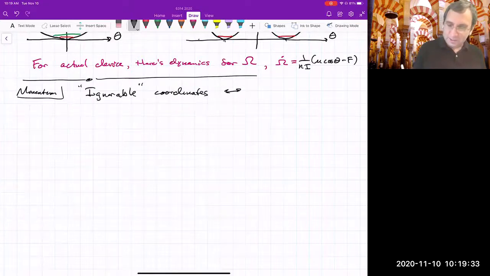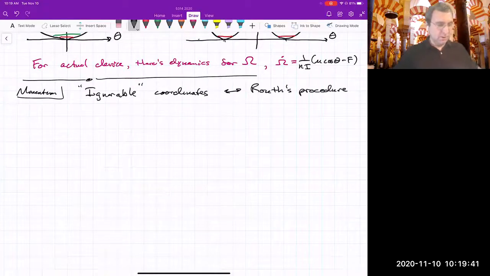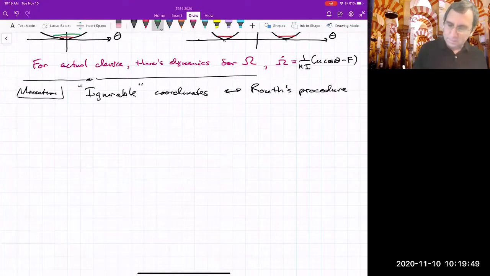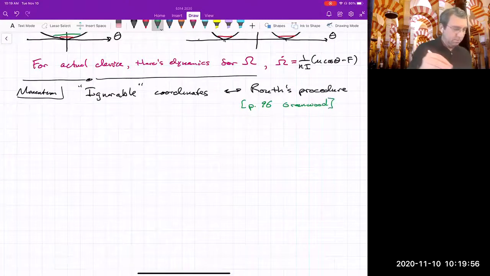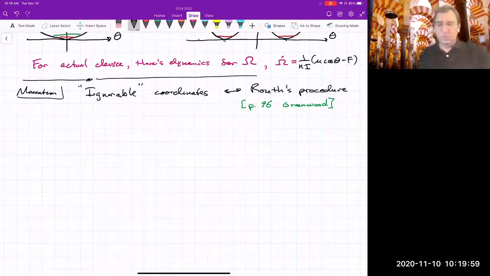And this is related to something called Routh's procedure, after, I think, Edward Routh, an Englishman, the Routhian method. This is page 96, Greenwood. It's a form of reduced order modeling. It's a term that people have thrown around a lot in recent decades, but it actually dates to the 1800s.